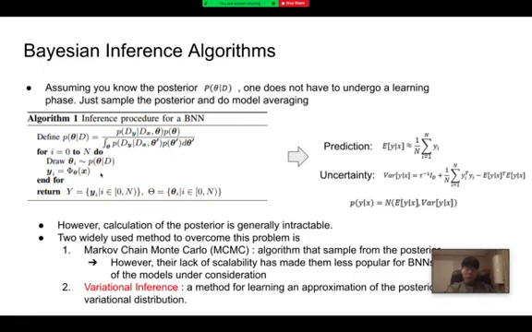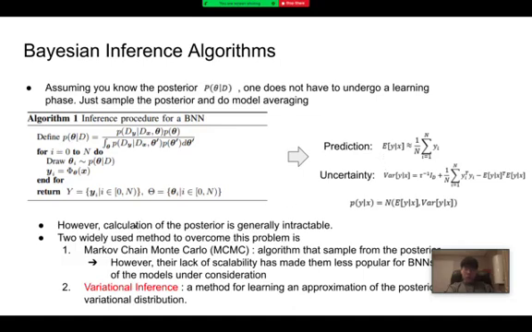So for each input, you will obtain n outputs. And normally your predicted value will be the average of these outputs. And the uncertainty can be quantified by this equation, where it depends on the n outputs. And you can get the probability distribution of p(y given x) using these values.